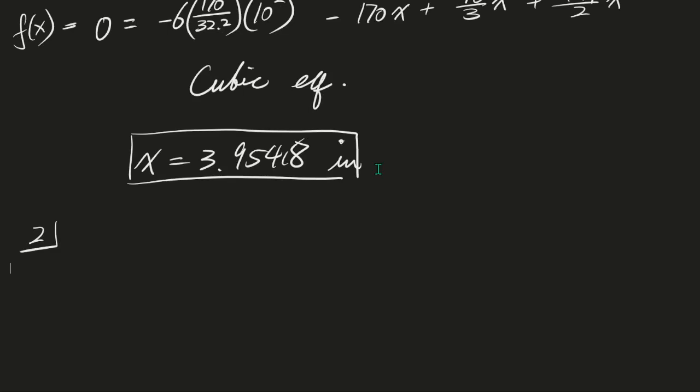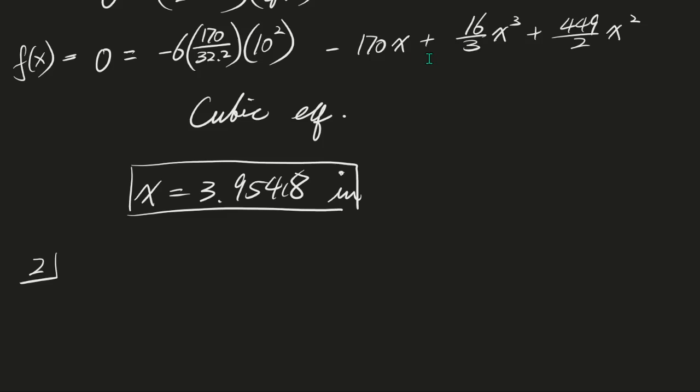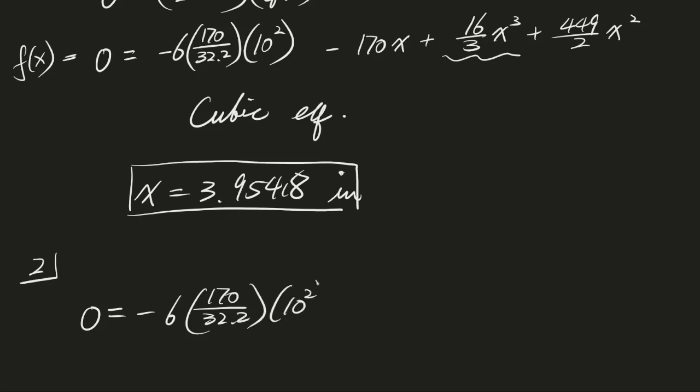Okay, part 2. What happens if we take away the nonlinear term? And then the equation becomes easier. But for consistency, we'll still use the equation that we developed over here, but just take away the nonlinear term. So we still have 0 equal to 6 times 170 over 32.2 times 10 squared minus 170x.